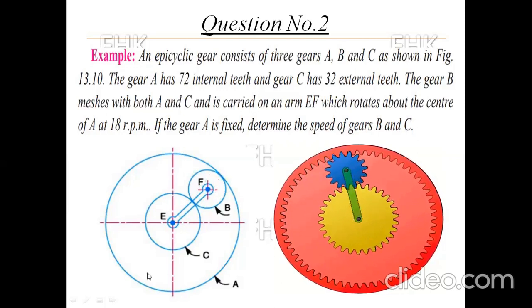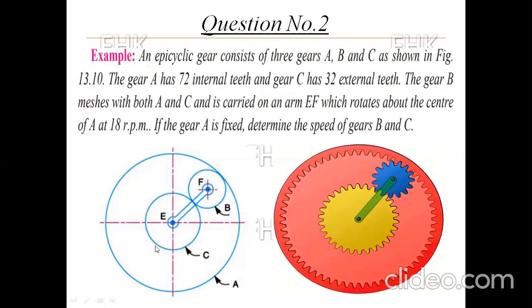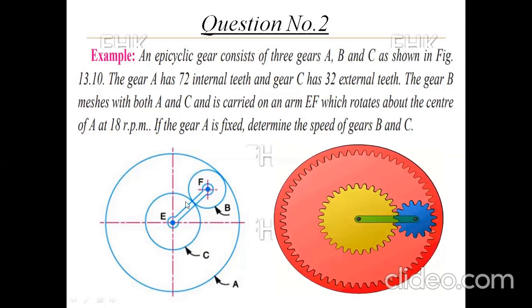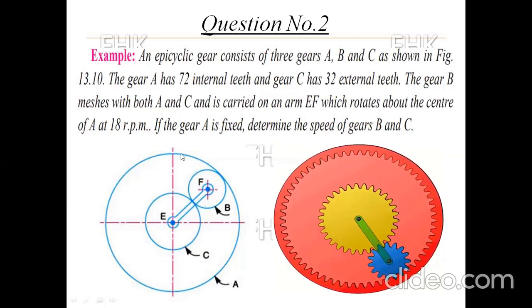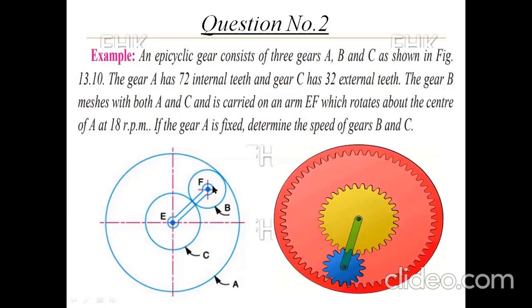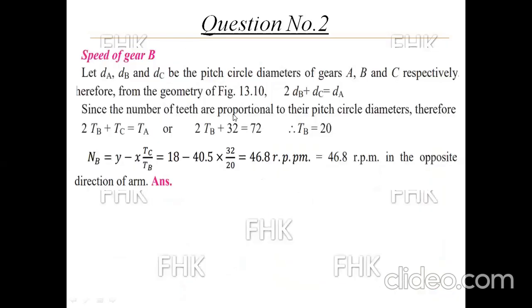So 2 dB plus dC is equal to dA, the bigger diameter.